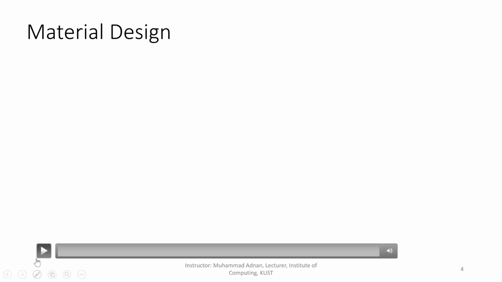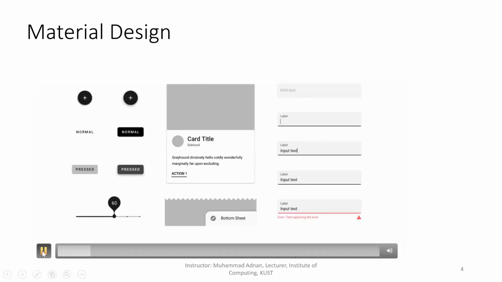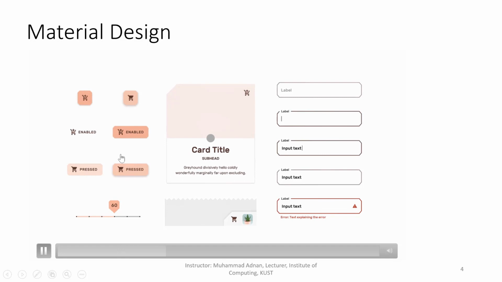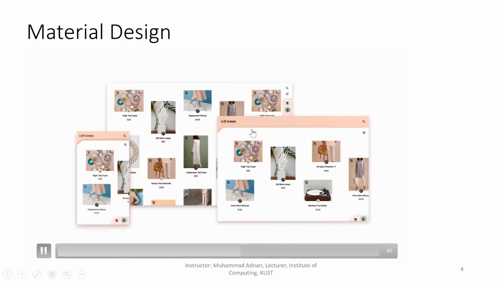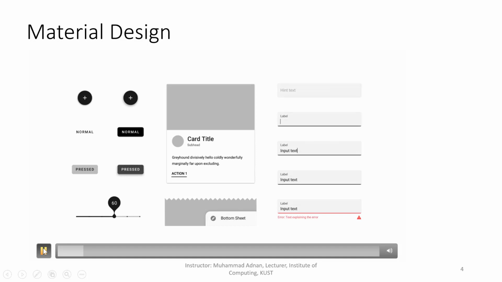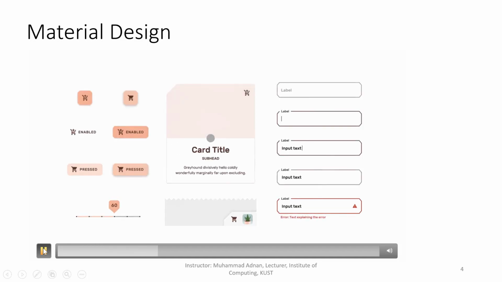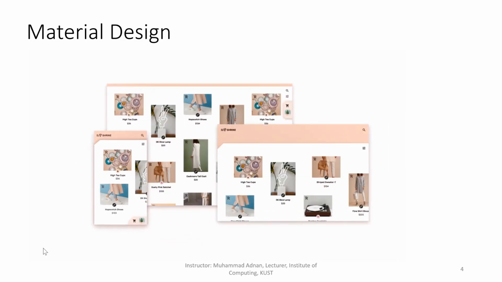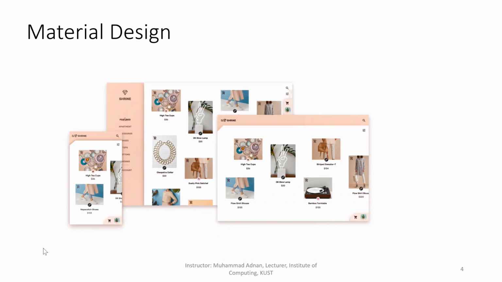If you are creating a mobile application with this type of menus and you convert it into web, these are the different combinations, the color combination and other combinations that you can use. So once again, let me play it so you can see that we have different combinations, different orientation. So overall, this is what material design is all about.